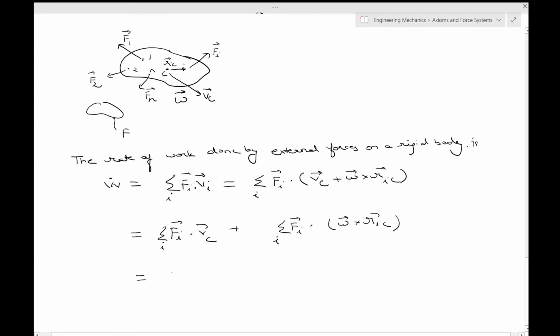Now this sigma Fi can be written as F because Vc is independent of i, and then this quantity can be written as omega dot sum of RIC cross Fi. Okay, and there's this summation over i. Now how is this equal to this? Well, that can be written in this form. This is, I think, called the scalar triple product, and you should verify this.